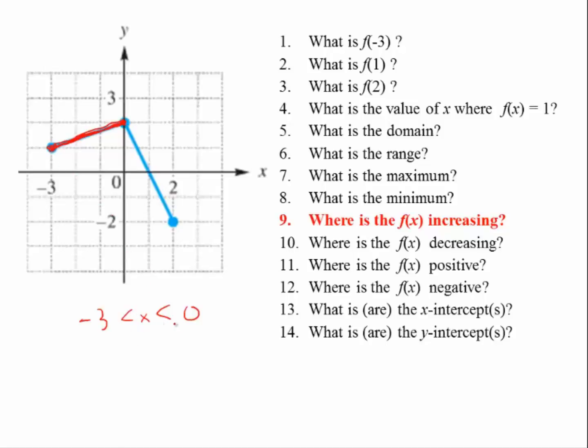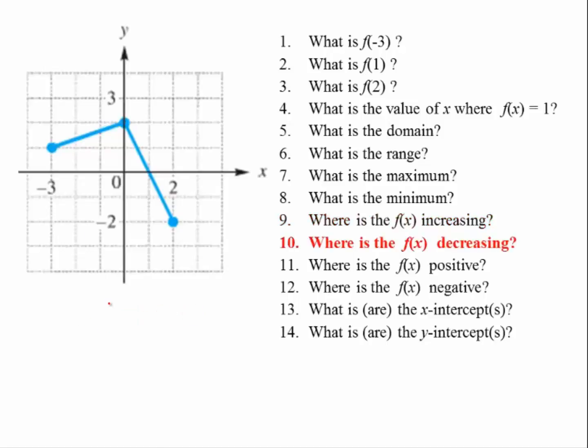Now, why am I not using equal signs here? Because at one point, say negative 3, we don't know if this graph is increasing or decreasing, because it's only one point. So we never include equal-to signs when we're talking about increasing and decreasing. Where is f of x decreasing?